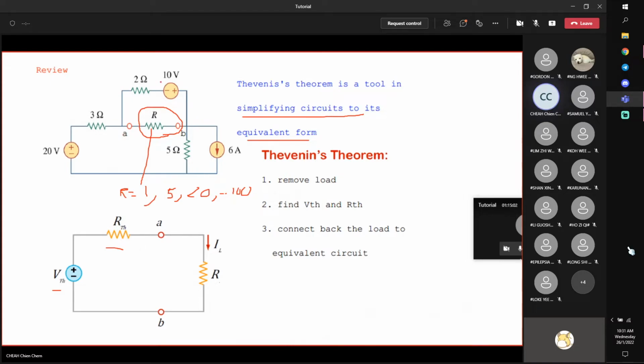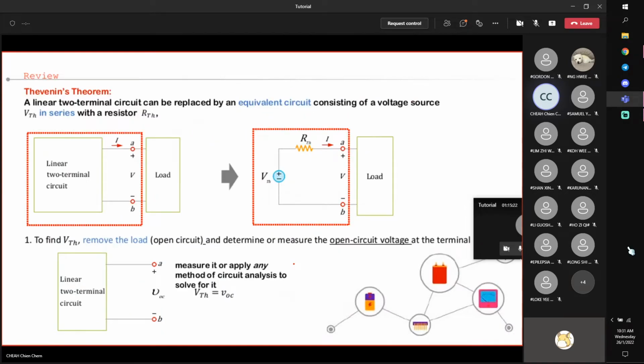The other is to transform the remaining fixed part into an equivalent form. Then even if you change your values, you can do the analysis very easily, to find the current flowing through this resistor. So Thevenin's theorem is very useful in simplifying your circuit to a simplified form, so as to find the load variables which you are interested in.